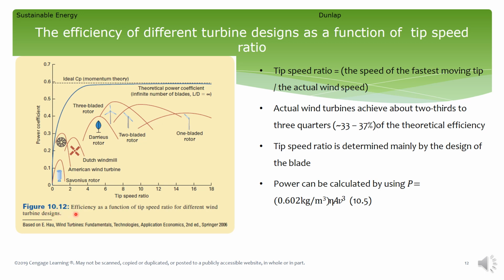This figure shows efficiency as a function of tip speed ratio for different wind turbine designs. And this one is the most commonly used type of wind turbine design.